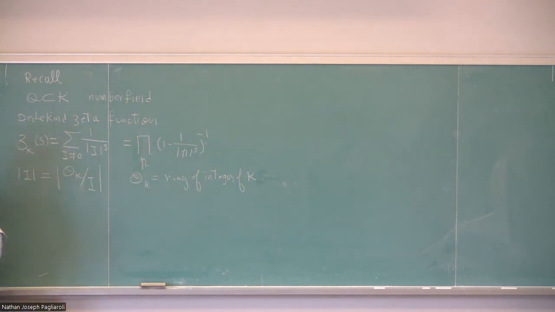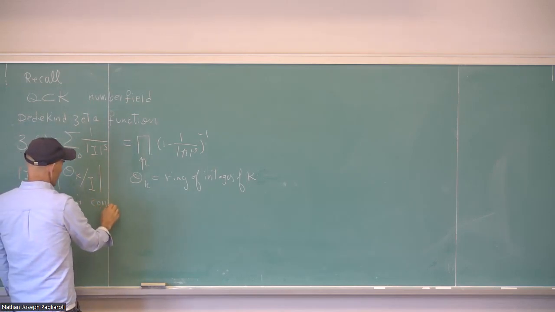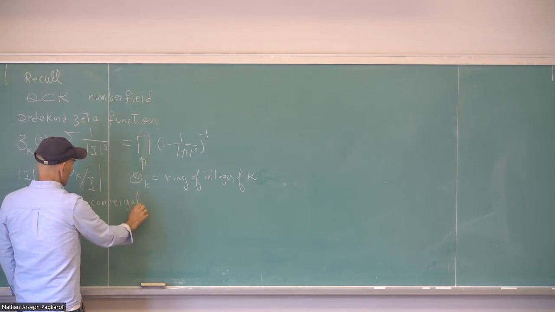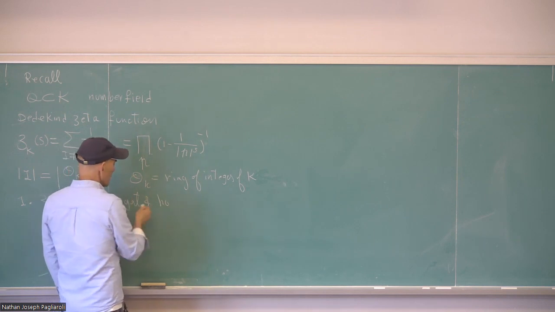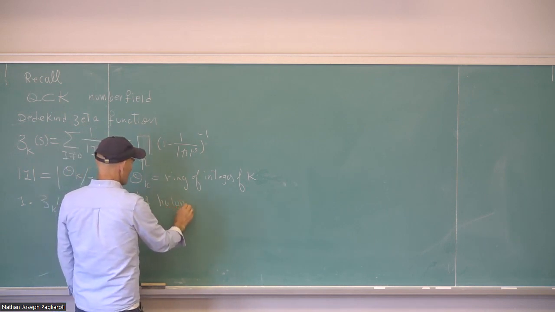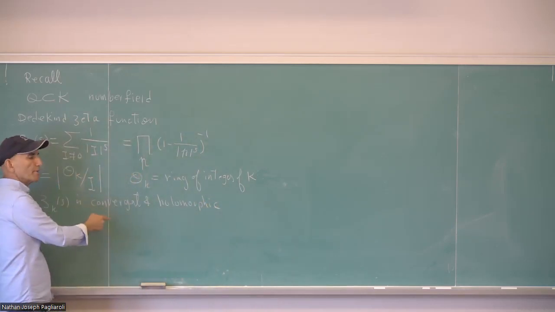Okay, now one thing that's known about it, this was already proved by Dedekind, is that this series is convergent and holomorphic for real part of s bigger than 1. It's not quite correct to write it like this.